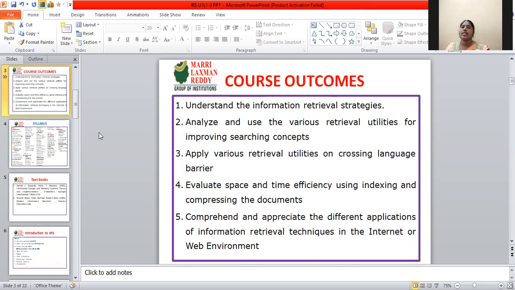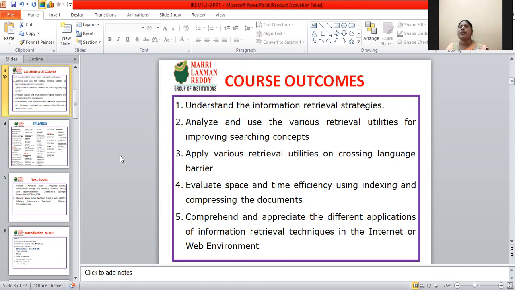Coming to the next point: analyze and use the various retrieval utilities for improving the searching concept. Here the main purpose is to improve the searching concept. Different retrieval techniques are used. Here the data structure is organized and an index is also followed.